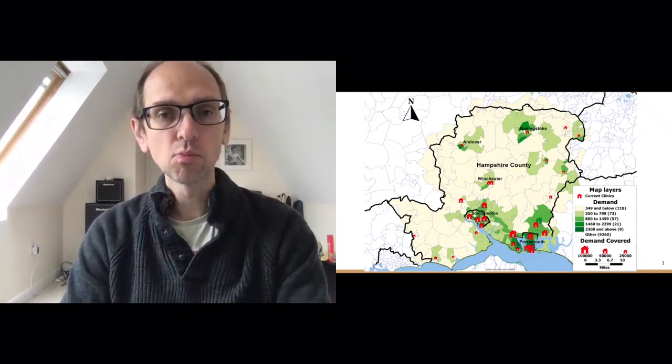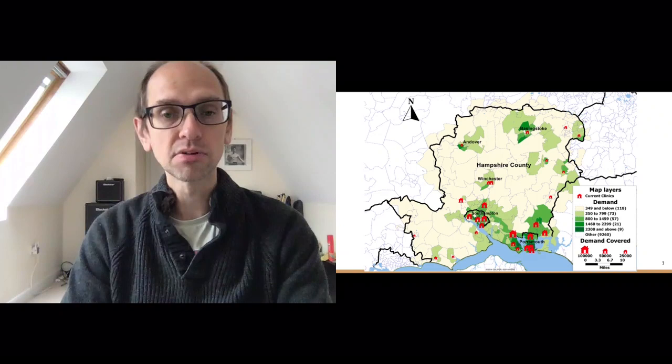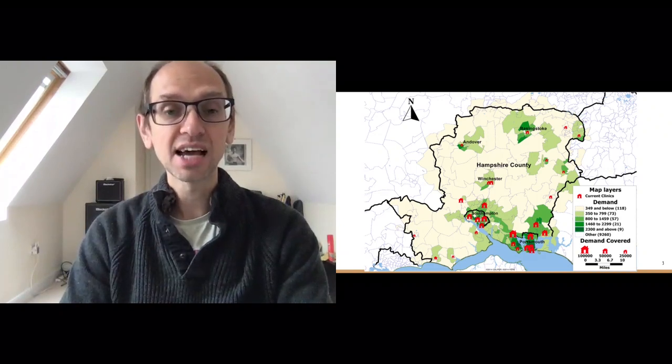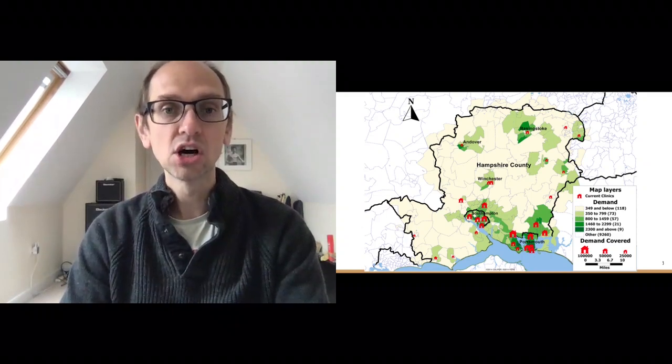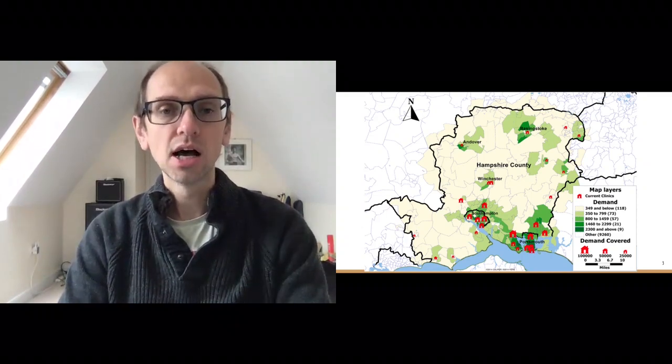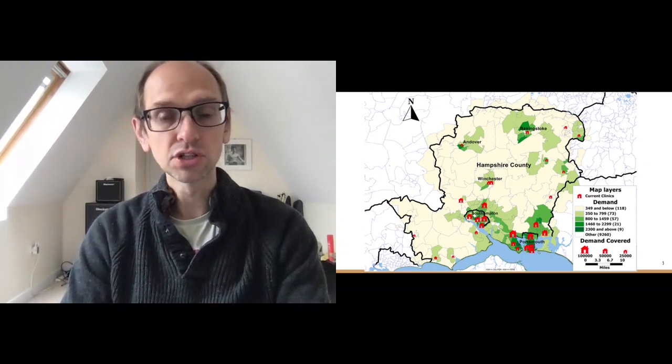So this was a problem where the public health teams and the provider felt that actually they had too many facilities, and the type of care people were receiving when they walked into a sexual health clinic varied significantly across Hampshire. And there was also an issue with some of these clinics being underutilised.